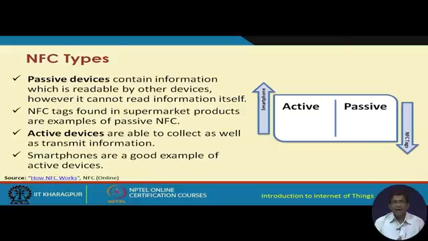These NFC tags contain information which is readable by other devices. However, they cannot read information themselves, and these NFCs, like in the case of RFIDs, are typically implemented in supermarkets.